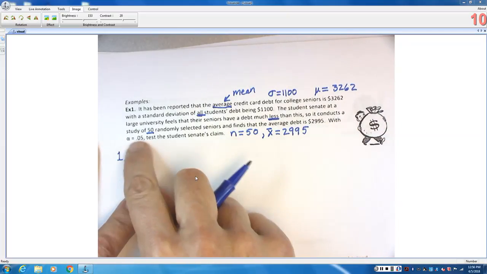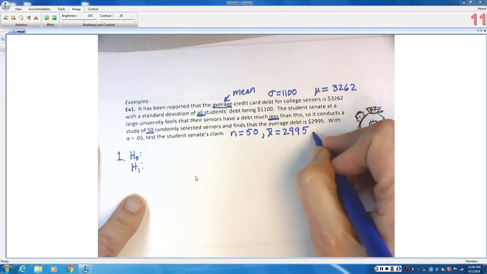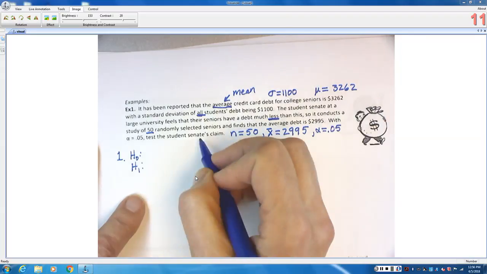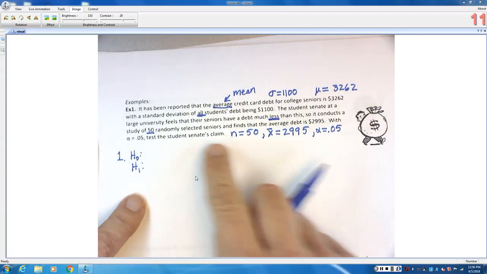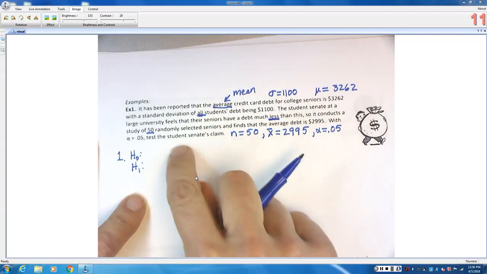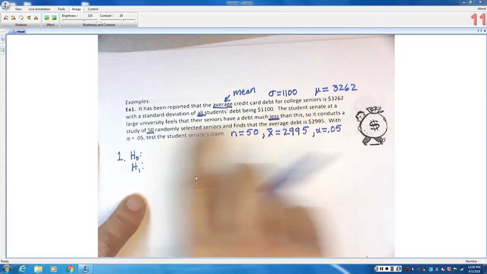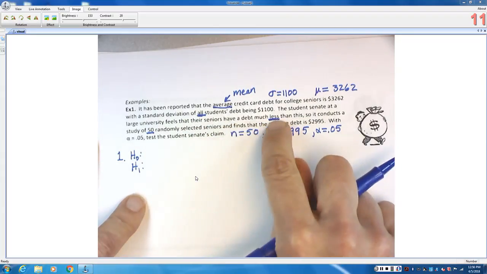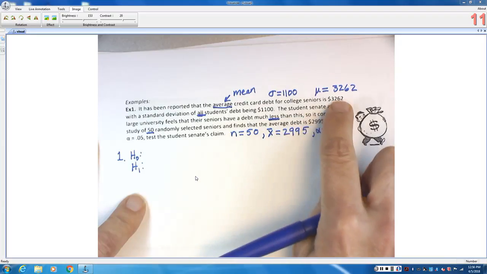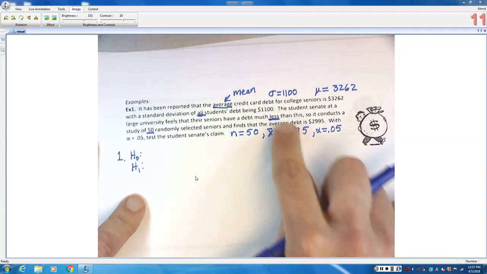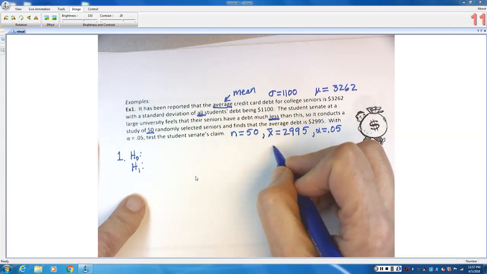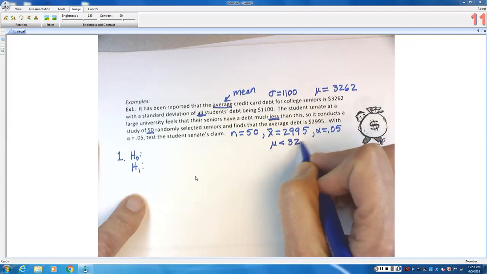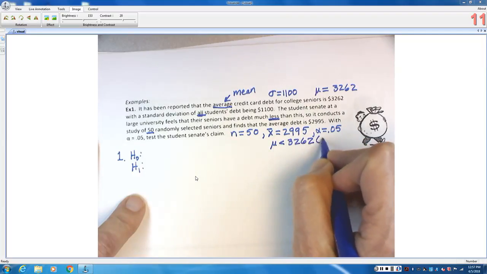With alpha equals 0.05, test the student senate's claim. They claim that their seniors have a debt less than the 3262. So the claim is mu less than 3262, claim.